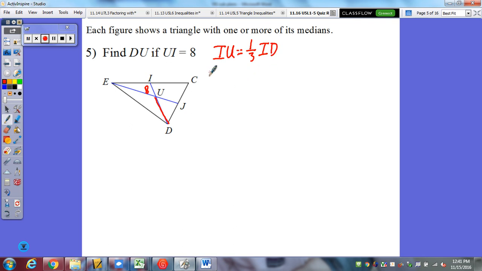We've got IU, which we know is 8. When I'm dividing by 1/3, I'm really multiplying both sides by 3. So 24 is ID. So 24 is this whole thing right here. Of course, if we subtract 8 from that, we know that this is 6.